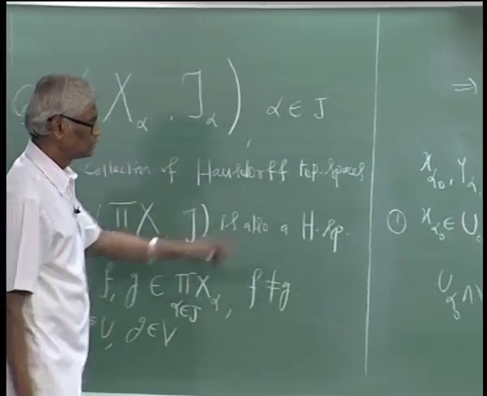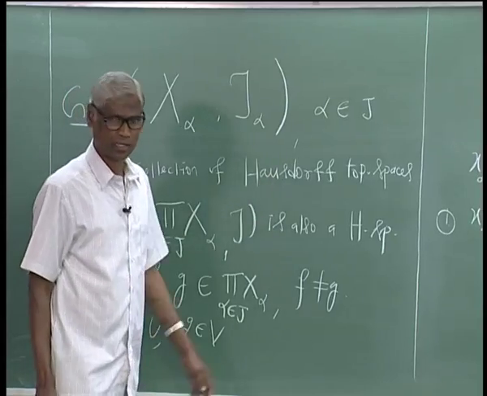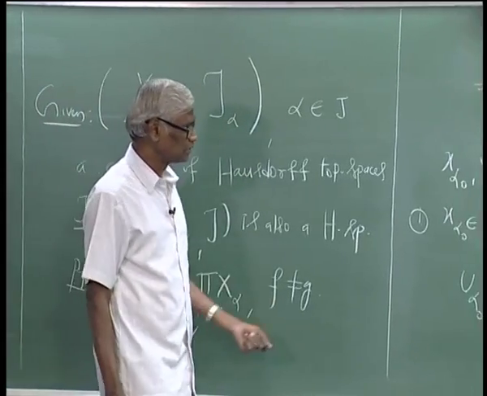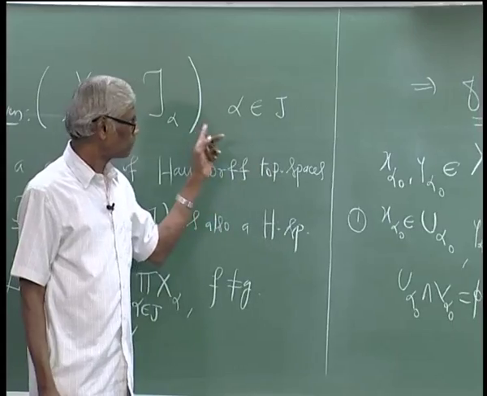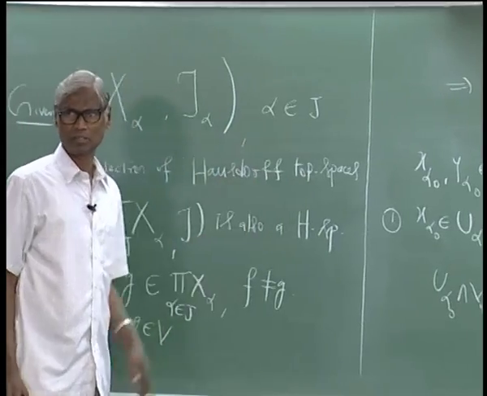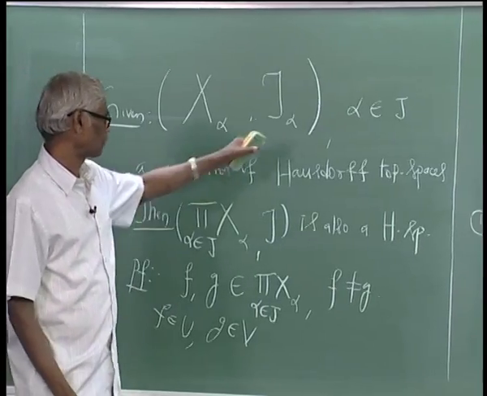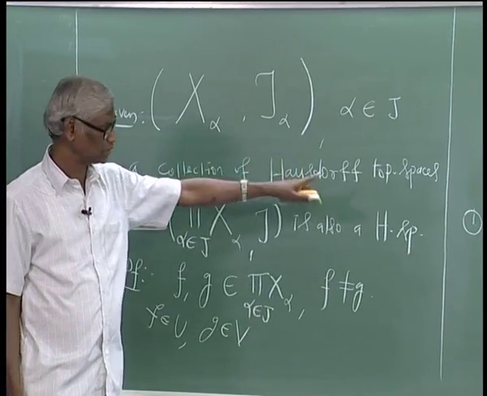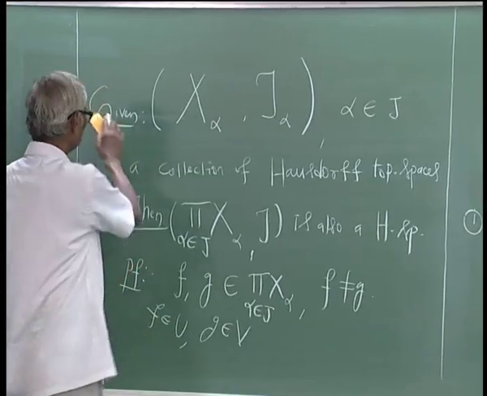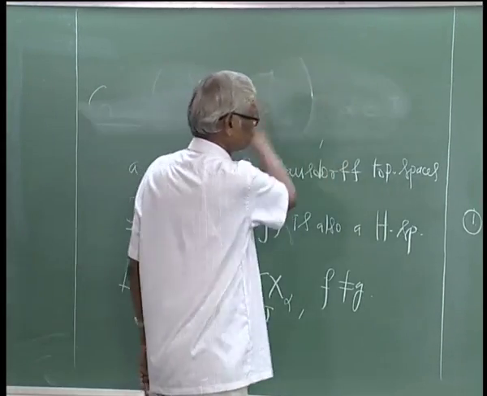So, hence the product space is Hausdorff. Even if you replace the product topology by the box topology, the result is true.